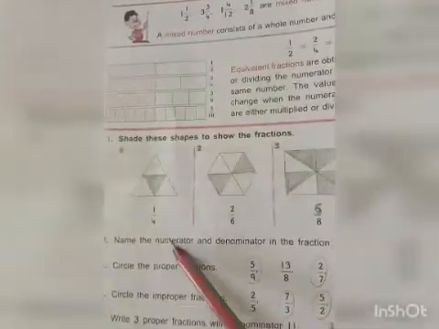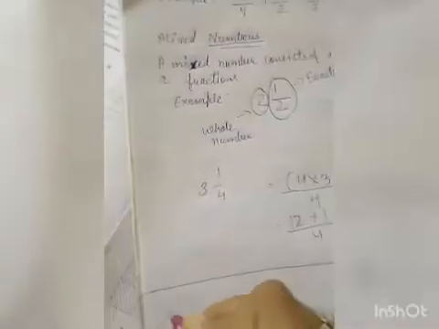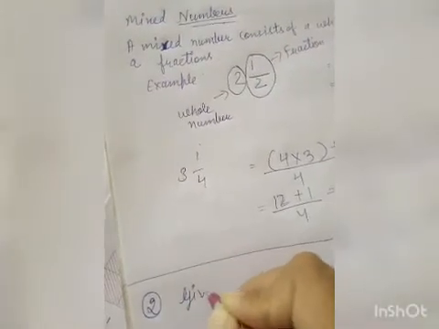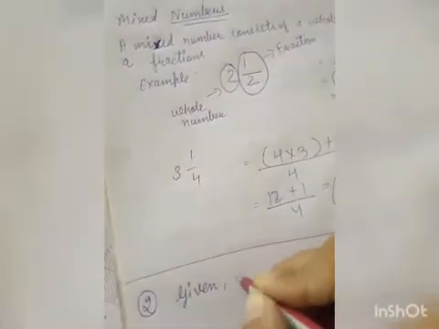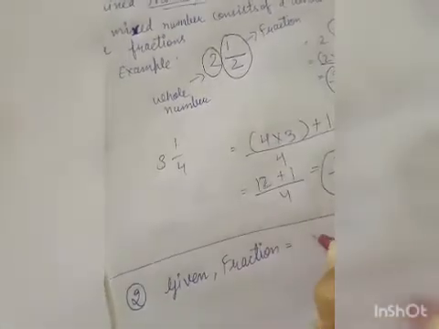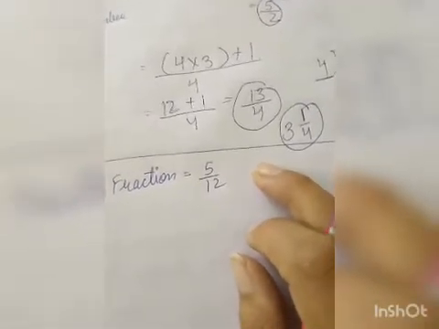Now let's come to question number 2. We are given a question in which we have to name the numerator and denominator in the fraction. So in question number 2 I have given a fraction equals 5 by 12. So tell me which one is the numerator and which one is the denominator.